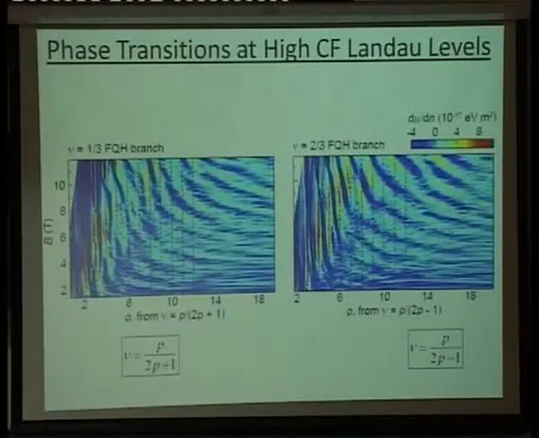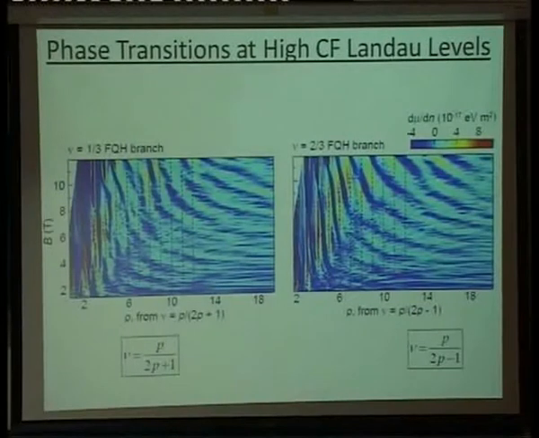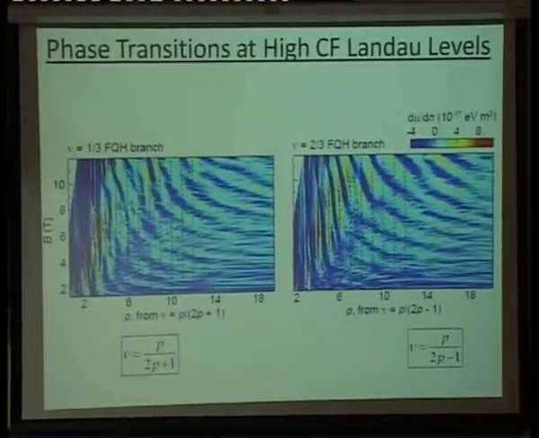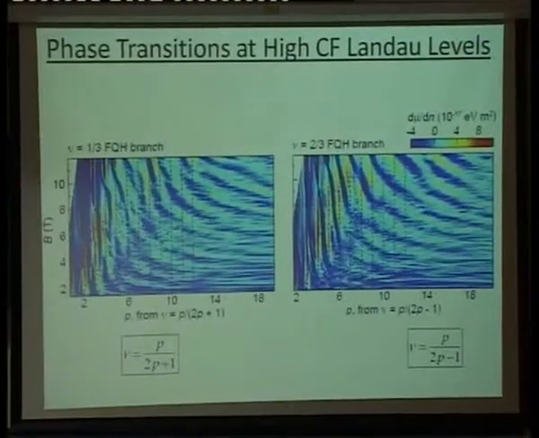In some sense, the blue regions are where you have this negative compressibility. In some sense, that's the absence of these fractional quantum Hall states. It's not obvious that they're special. So you'll see it in a minute. The background compressibility is negative everywhere. Here there's an additional effect. This is more negative than the background.